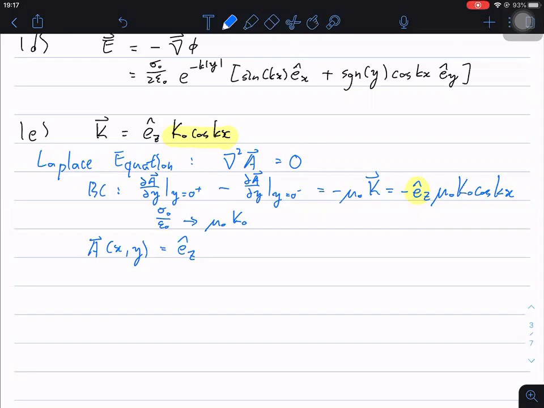So we can just replace sigma naught over epsilon naught with mu naught K naught in the solution of 1C. So you can just write down the solution like this. Okay, let me write it in a better form. Over 2k.